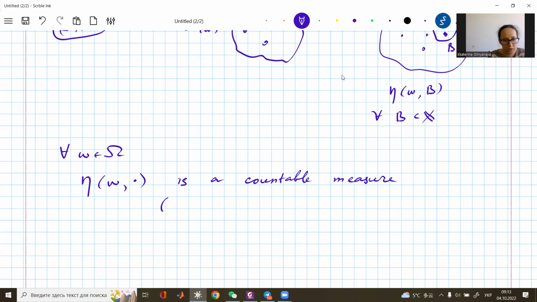So actually, it is supported on the points of configuration zeta of omega.